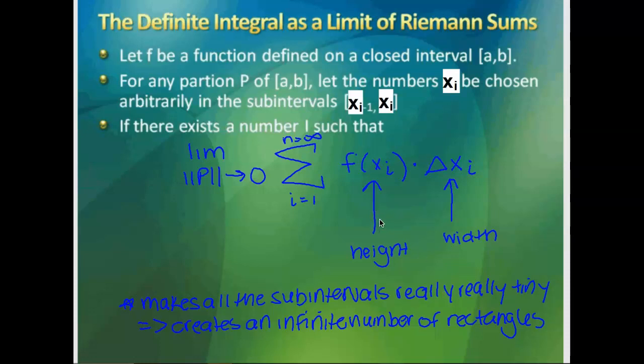So each rectangle has the width of the thinnest thin you can think. And in that summation formula, f of x sub i still represents the height of the rectangle at the ith value, and delta x sub i represents the width of each of those rectangles.